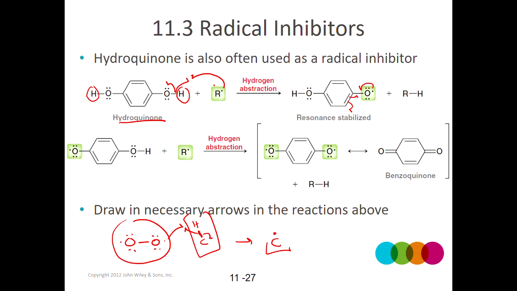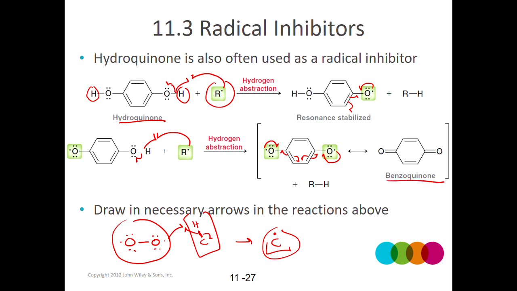If it happens again, though, and there's another undesired carbon radical, that carbon radical can pick up another hydrogen, abstract another hydrogen, and form another free radical. And then those free radicals will combine in this way, producing benzoquinone, which is no longer a radical.